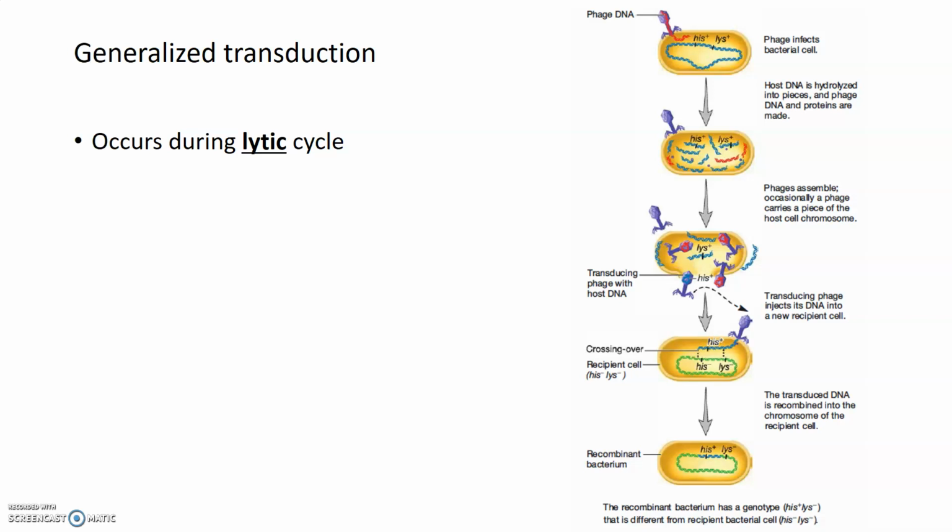And so this process of transduction, or this transfer of bacterial DNA via viruses, has two different mechanisms of transduction. There's a generalized mechanism and a specialized. And so in terms of generalized transduction, it occurs only during the lytic cycle. So when a virus is immediately infecting, replicating, and then lysing cells.